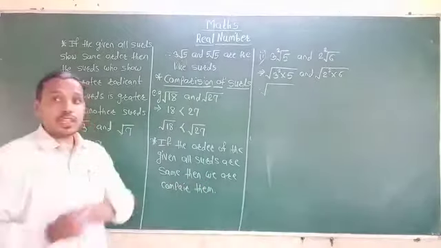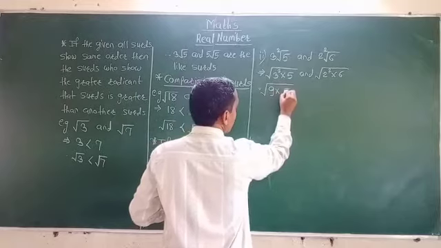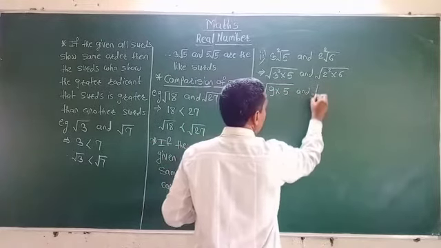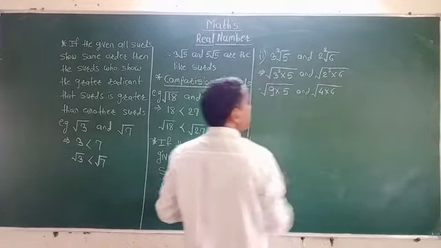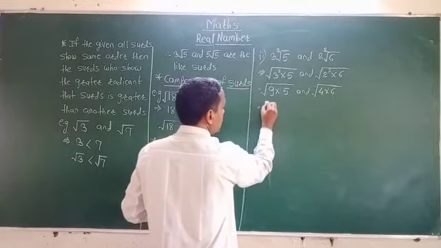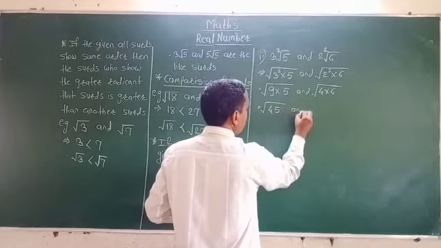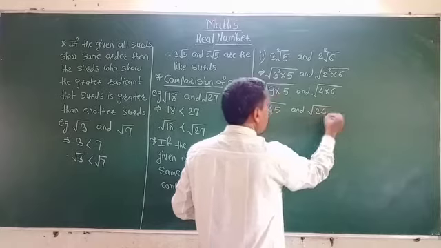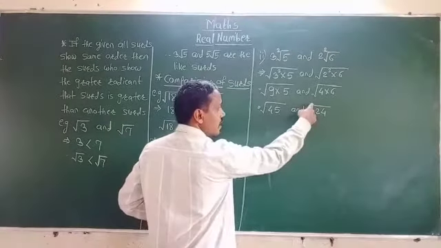So the square of 3 is 9 into 5, and the square of 2 is 4, 4 into 6. 9 fives are 45 and 4 sixes are 24. So we get the order 2 the same.